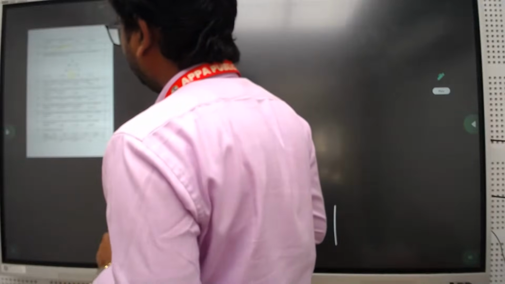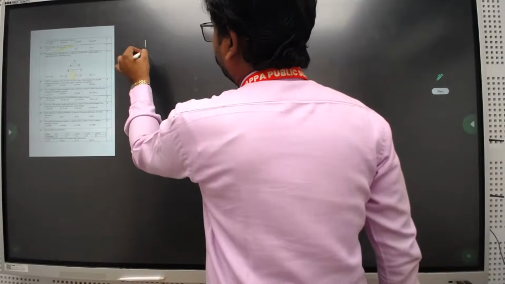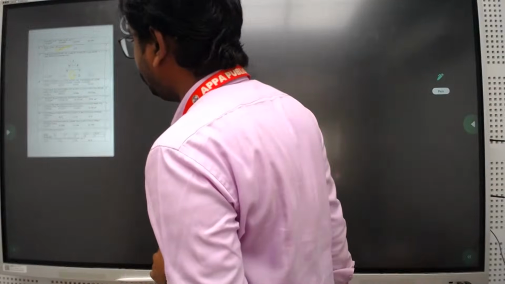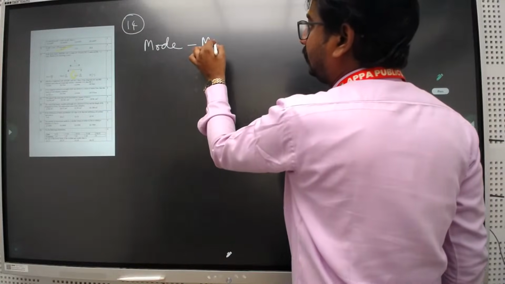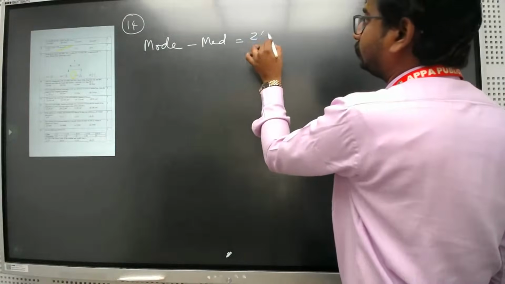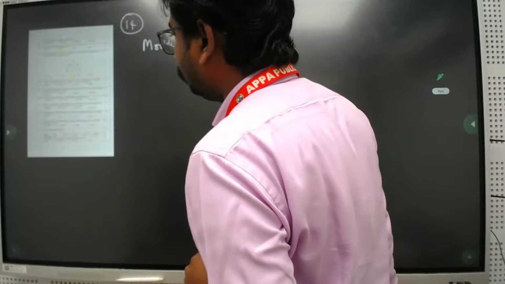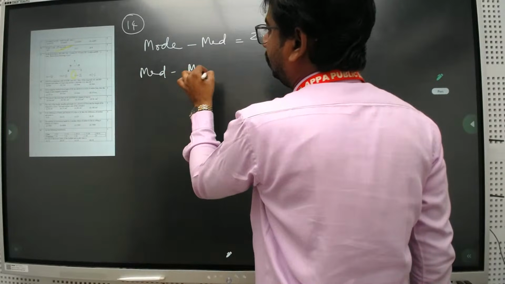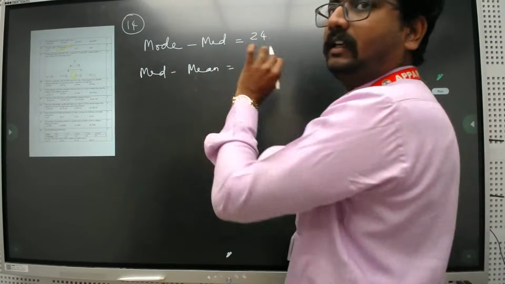Question number 14. If the difference between mode and median is 24, then what is the difference between median and mean? What should I find? The difference between median and mean.